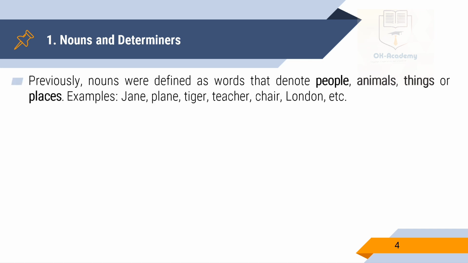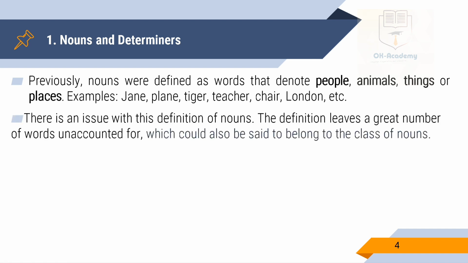So let's talk about the first, which is the noun and the determiners. Previously, nouns were defined as words that denote people, animals, things, and places. So we can simply define a noun as a word that refers to a person, animal, thing, or place.